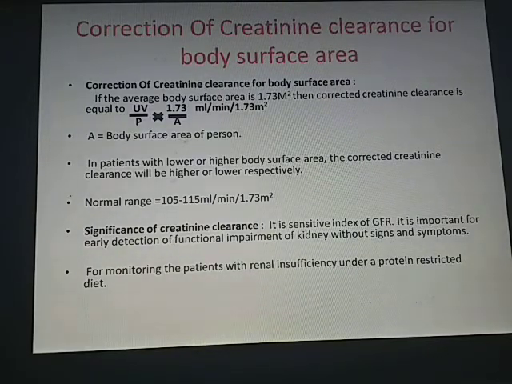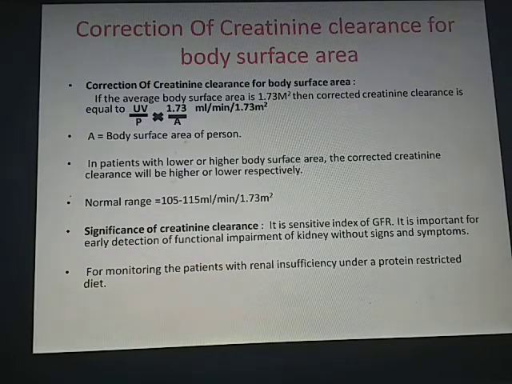If you substitute all these, you will get the value in ml per minute per 1.73 square meters. This is the corrected creatinine clearance value, corrected according to the body surface area of the individual person.